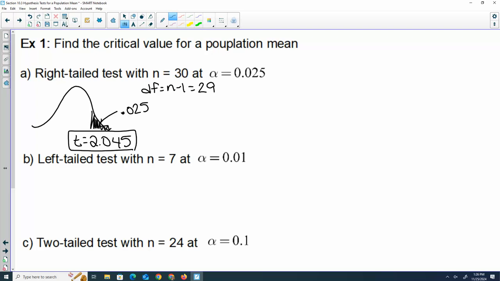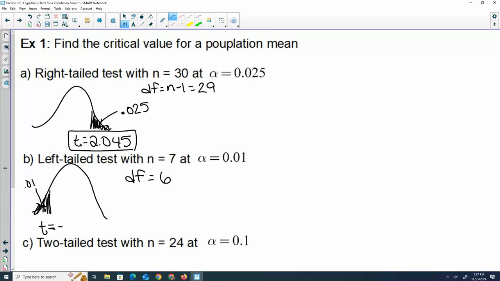All right, so B, if I want the left-tailed test. Now, my table gives me area to the right. So if I'm doing area to the left, what does that tell us about our t? It's the opposite. So the t is just going to be the negative. My alpha, so the area here, is 0.01. If n equals 7, how many degrees of freedom do we have? 6. Okay, so I'm looking at 6 degrees of freedom.